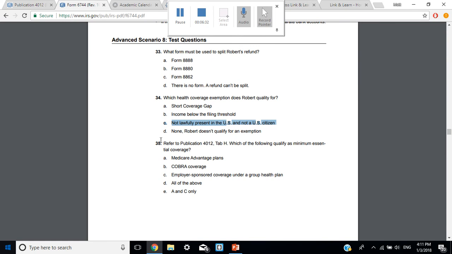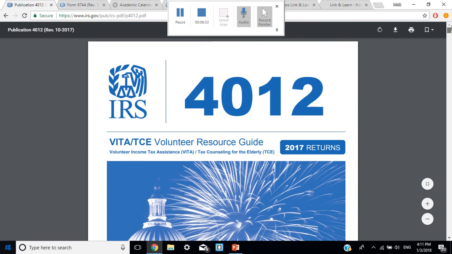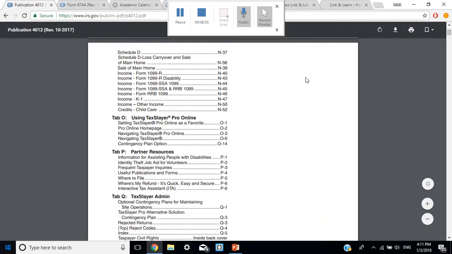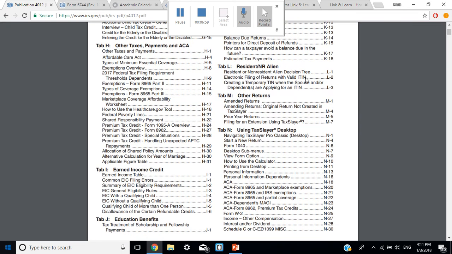Excellent. Now for the final question, number 35. And then we're done. Then you're done, you pass the test, you're certified, you're good to go. Refer to publication 4012, tab H. Oh, it even tells us which tab. What a blessing. Which of the following qualify as minimum essential coverage? Well, let's take a gander. Tab H. Tab H, tab H, tab H. All right.